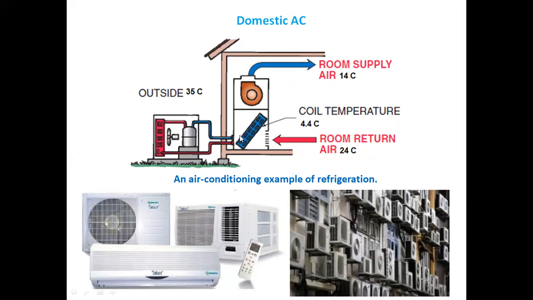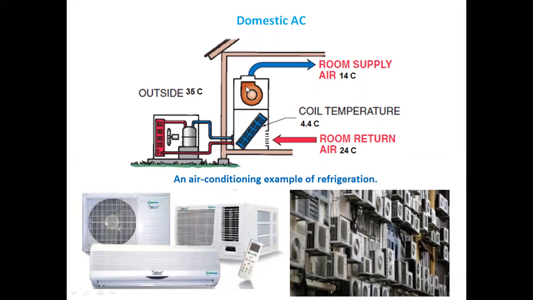Blue shows the low temperature line, and we know that the low pressure and low temperature side is the evaporator and compressor suction, then compressor exhaust to condenser and to the expansion valve. So this basic VCR cycle is shown here. This is a split type AC, where the evaporator and expansion valve are inside the room and the compressor and condenser are outside the room as shown here. This first rectangular section is your evaporator, and the compressor and condenser are here, outside the room.